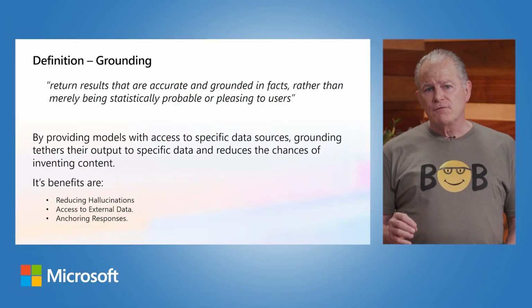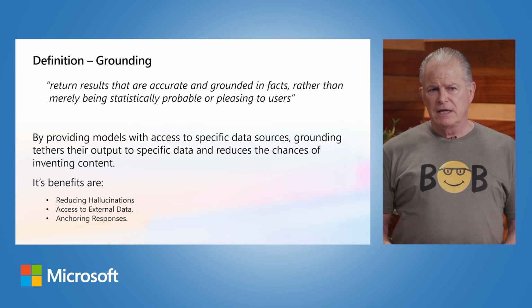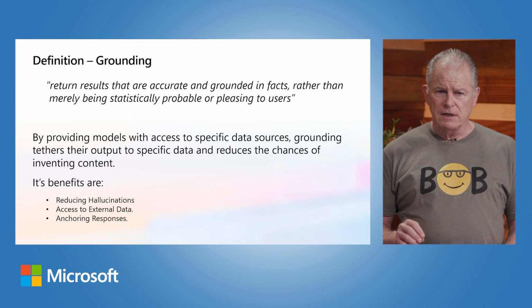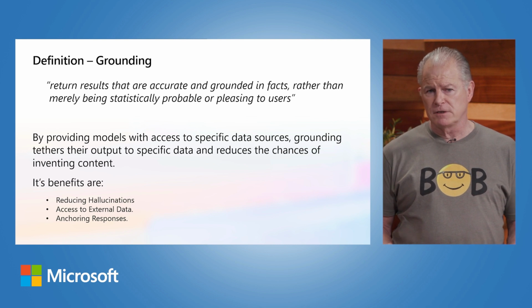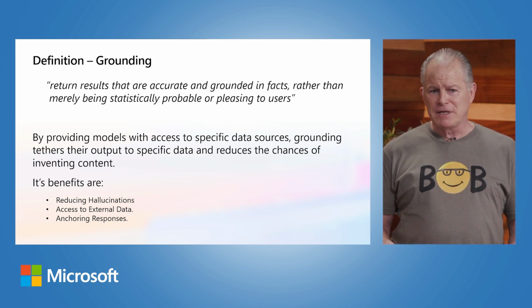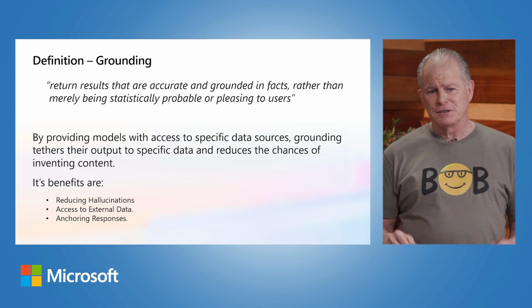Let's get into this. Before I get started, I want to give you a definition of what grounding is, and to set the stage for everything else that's going to be covered today. Grounding is a generative AI term that means to give the system access to verifiable sources of information. I partly put this slide in because I love saying it reduces hallucinations.